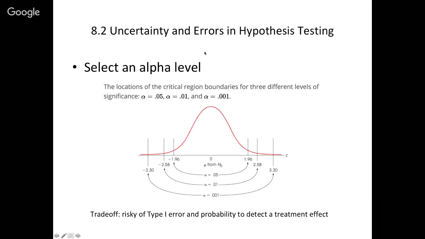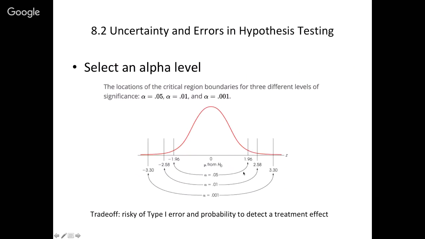When we select an alpha level, we have to consider the trade-off between the risk of type 1 error and the probability of detecting a treatment effect, right?